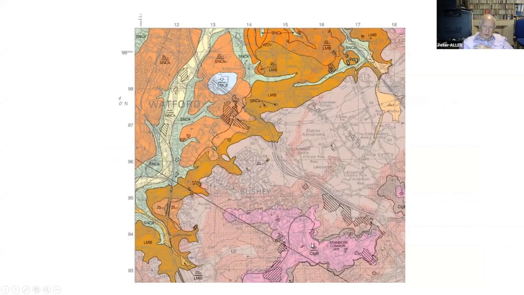So here we are. Here's the Stanmore gravel up here. And then here's the Colne Valley going up through Watford, and little bits of the Gerrards Cross gravel here, and then some of the West Mill gravel further down, which I showed you in a section a moment ago.